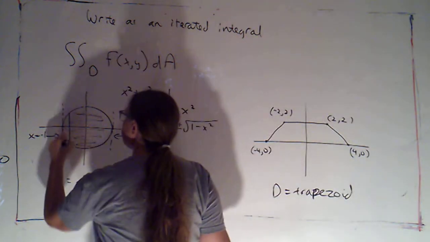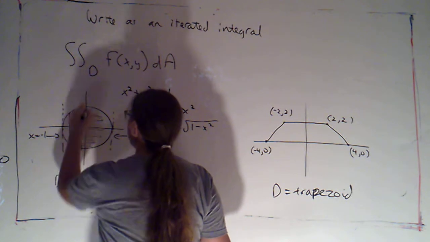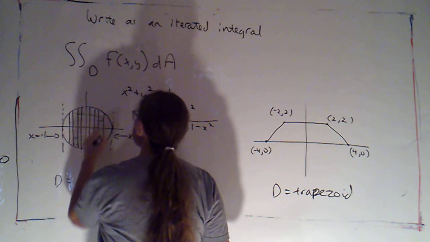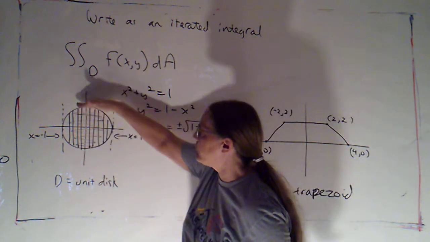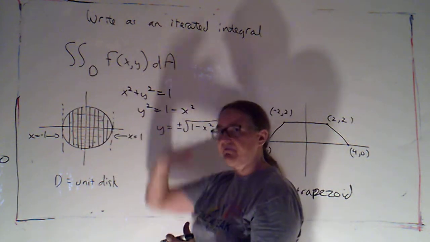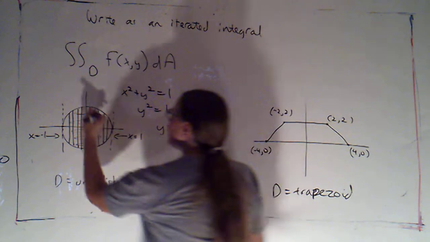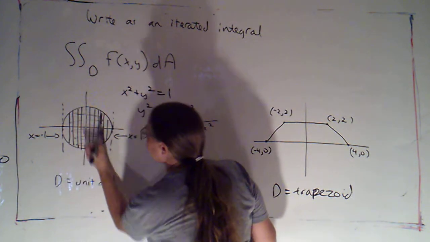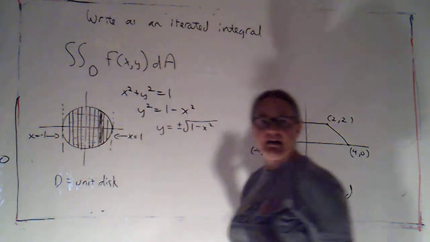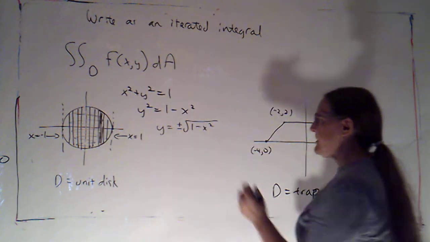So if I were to set this up, I find it helpful to draw in my slices. That's going to help me see that I'm not integrating from -1 to 1, even though that's the lowest value and the highest value, because within each slice, I'm just going from the bottom of the slice to the top of the slice, and that varies. That's going to be a function.